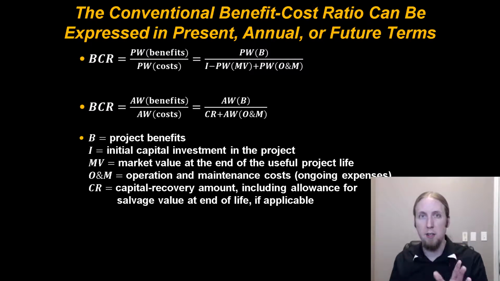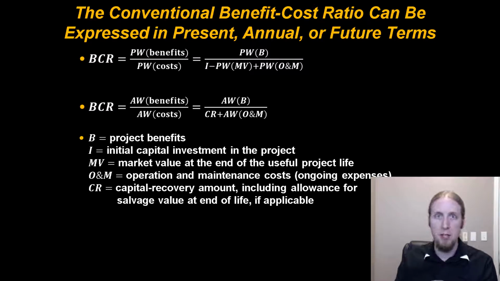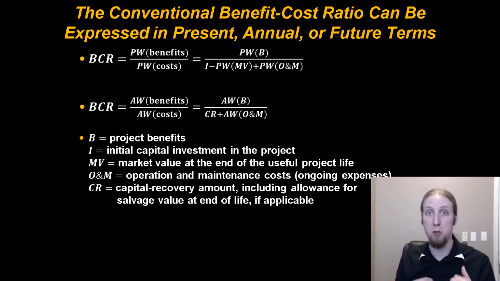The only thing that can trip you up is remembering that you take the salvage value and put it in the denominator by reducing the cost, instead of having it in the numerator and treating it like a revenue at the end of life.